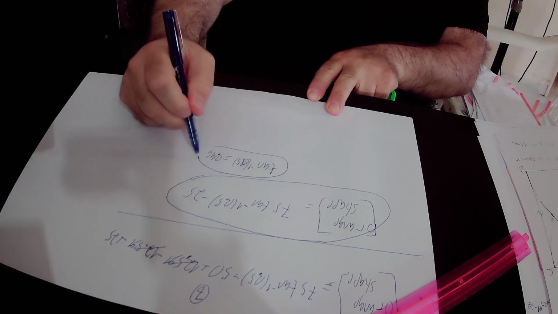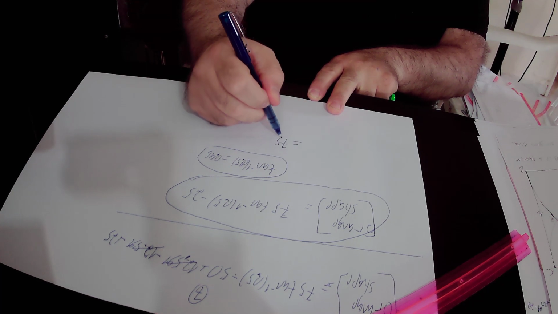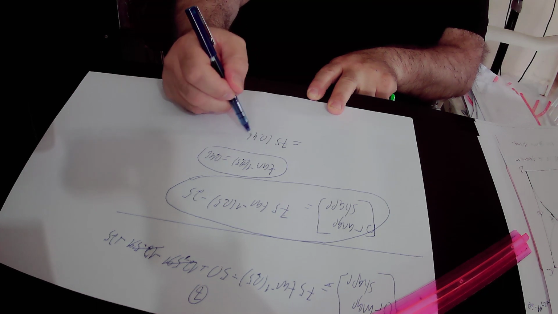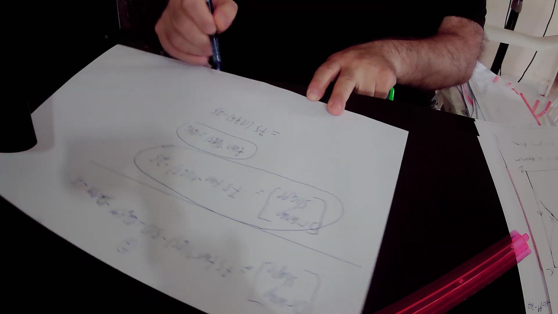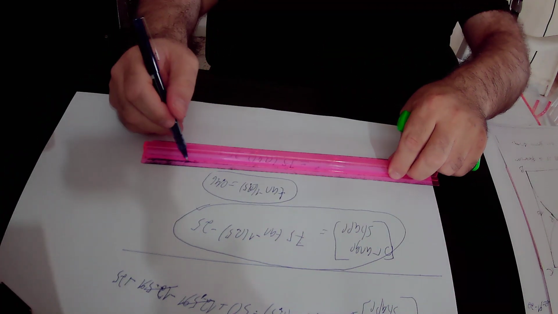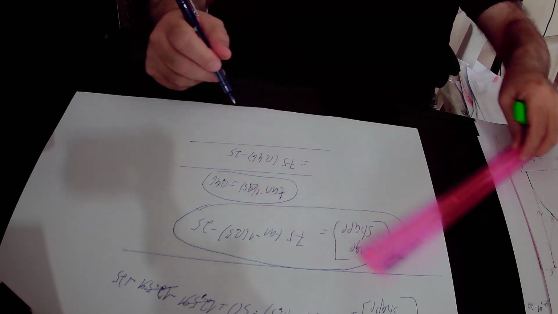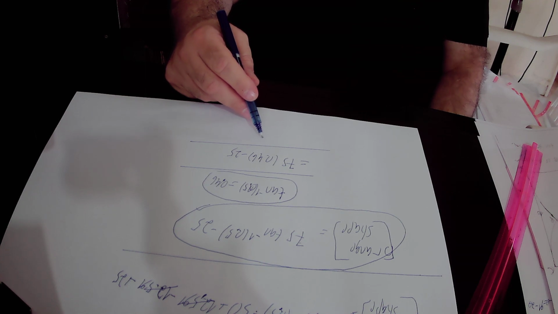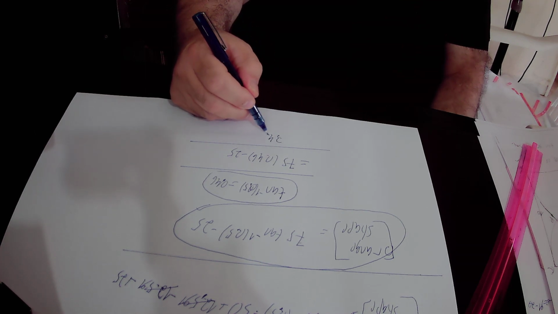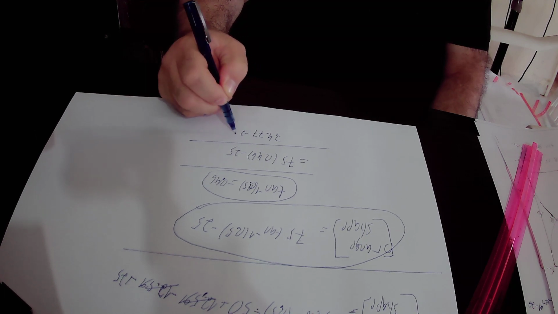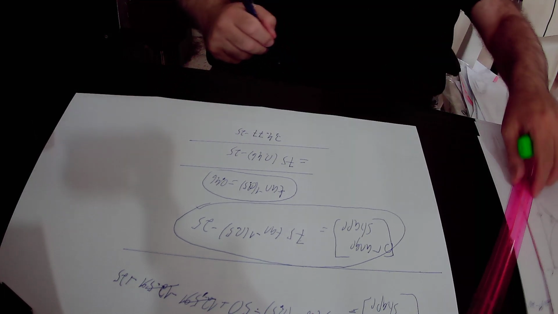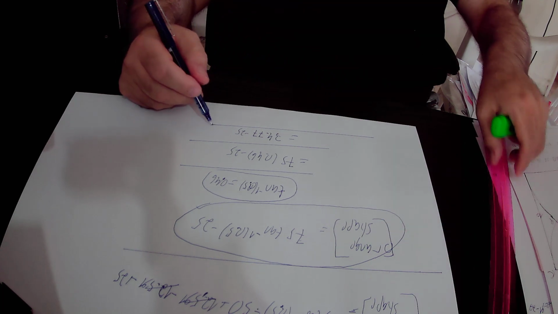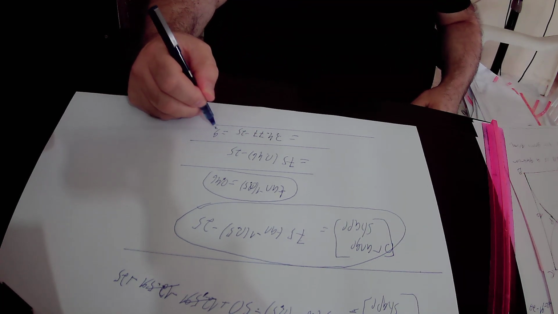Therefore, we get that the area of the orange shape equals 75 times 0.46 minus 25. 75 times 0.46 is 34.77, minus 25. 34.77 minus 25 is 9.77.